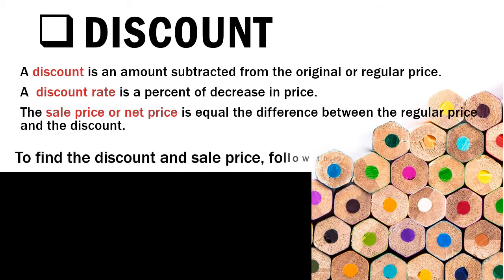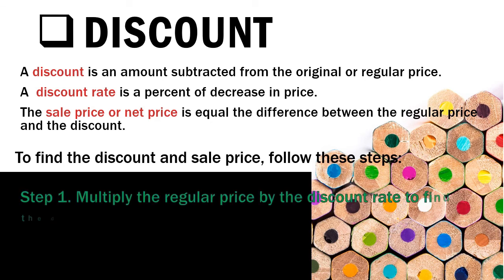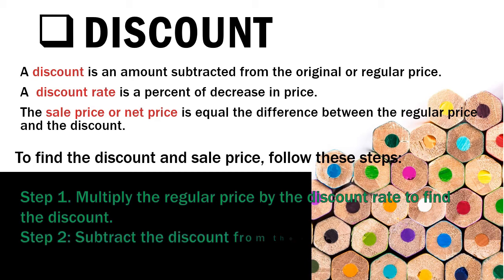So to find the discount and sale price, follow these steps. Step 1, multiply the regular price by the discount rate to find the discount. Step 2, subtract the discount from the regular price to find the sale price.